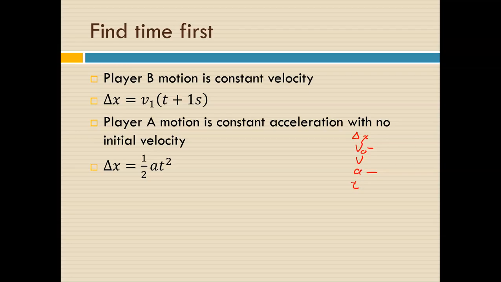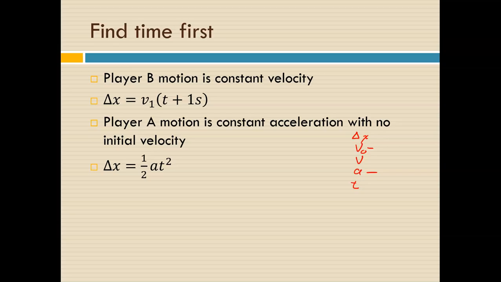Why am I doing that? Because if I take a look at those two equations, how many unknowns do I have? 2 unknowns. I don't know t and I don't know delta x. I do now have 2 expressions for delta x.